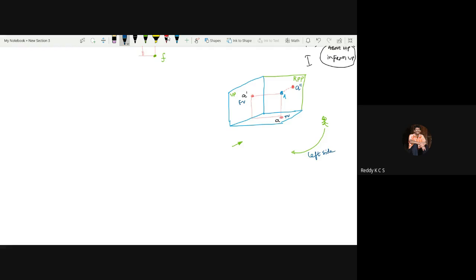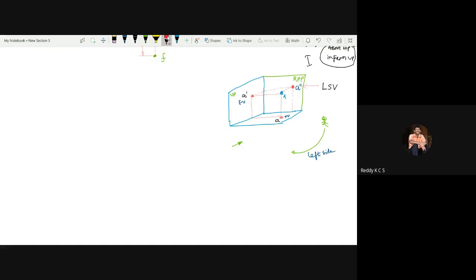And this point A double dash, obtained on the right profile plane, is what we call the left side view. If you join all these lines, the projections A dash and A double dash lie on the same line.